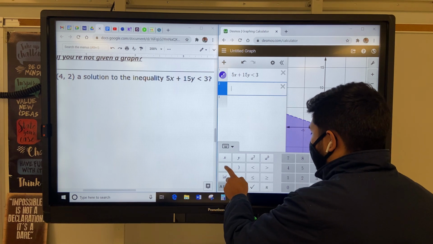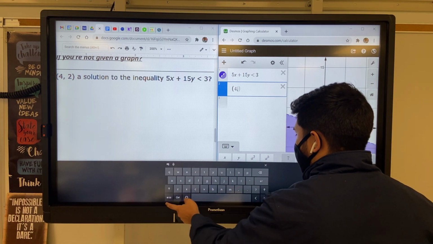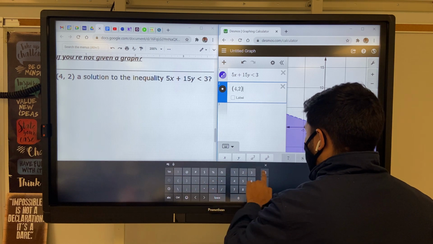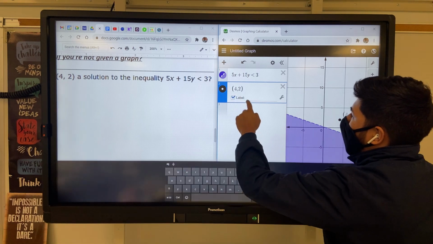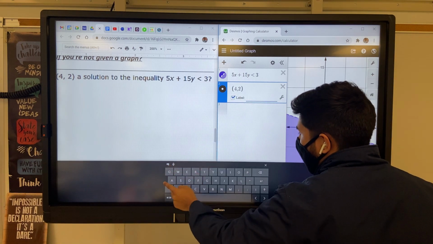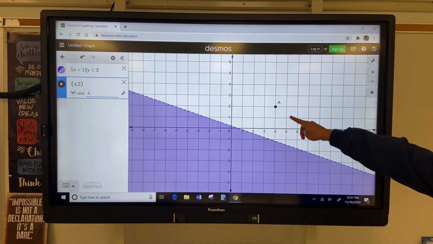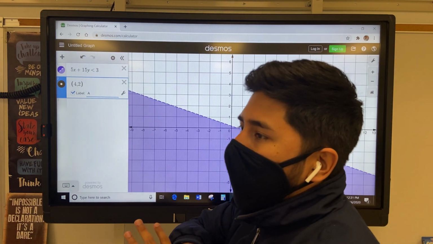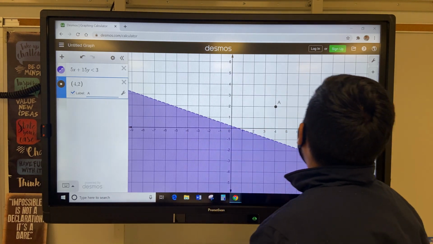And we got the point 4, 2. Let's label it A. And as you can see, that point is outside of the solution, so it's not true. Interesting, right? Let's do the last one.